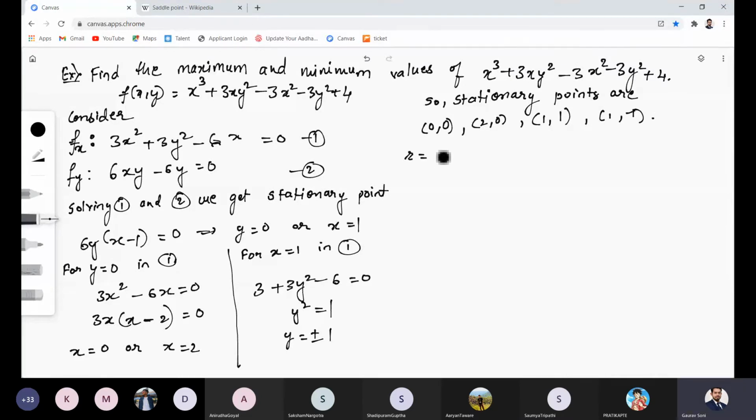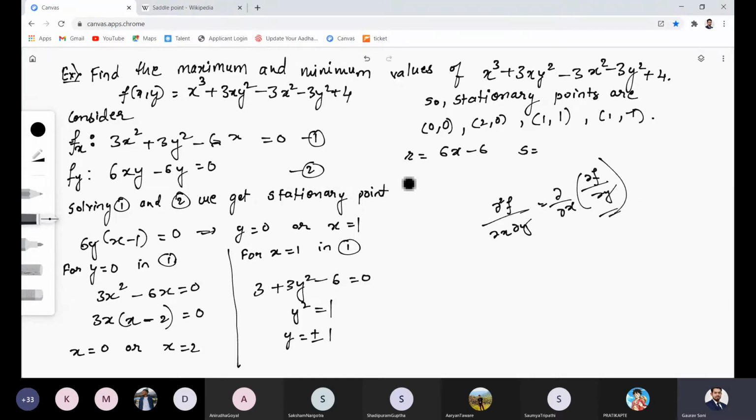What is r? The second derivative with respect to x. From equation number 1, I get that it is 6x minus 6. What was s? The partial derivative with respect to x of the partial derivative of f with respect to y.